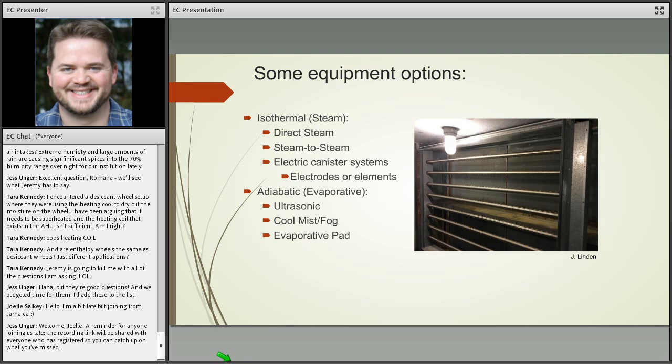The one thing to keep in mind about direct steam, and it's not just for direct steam, but this is usually where it crops up, is that if you're using direct steam that is also used for heating in other parts of the building, in other words, humidification is not the primary reason that you're generating that steam. A lot of larger steam boilers have to have certain chemicals added to them in order to keep the interior of the boiler from scaling up.